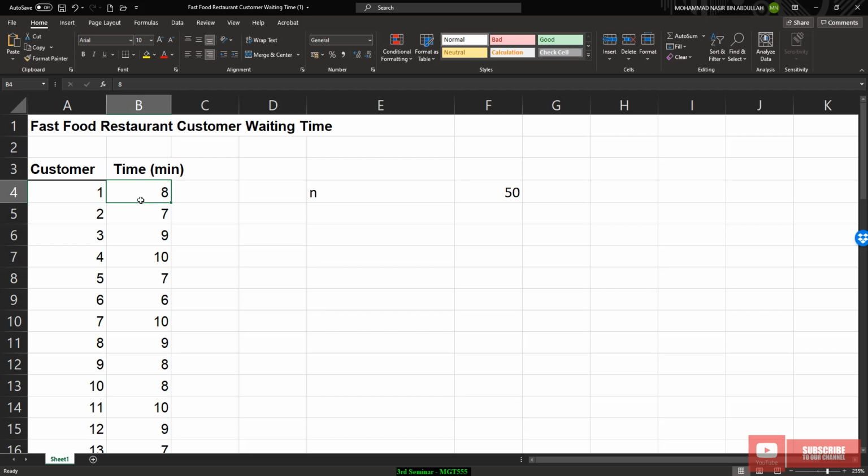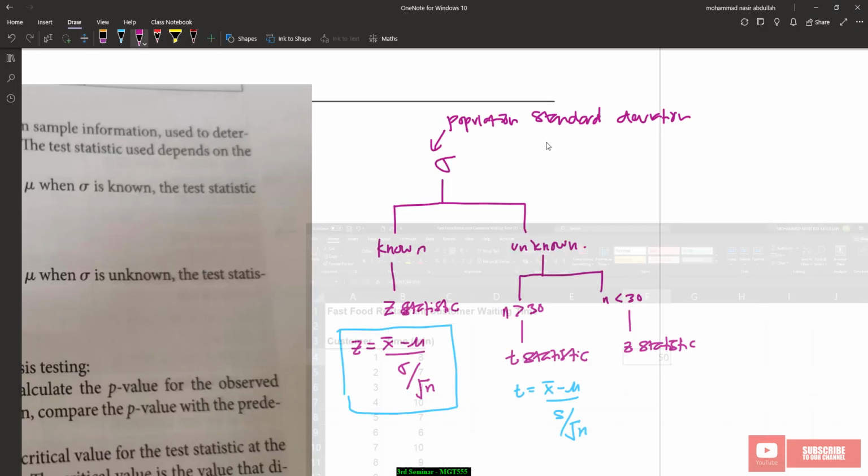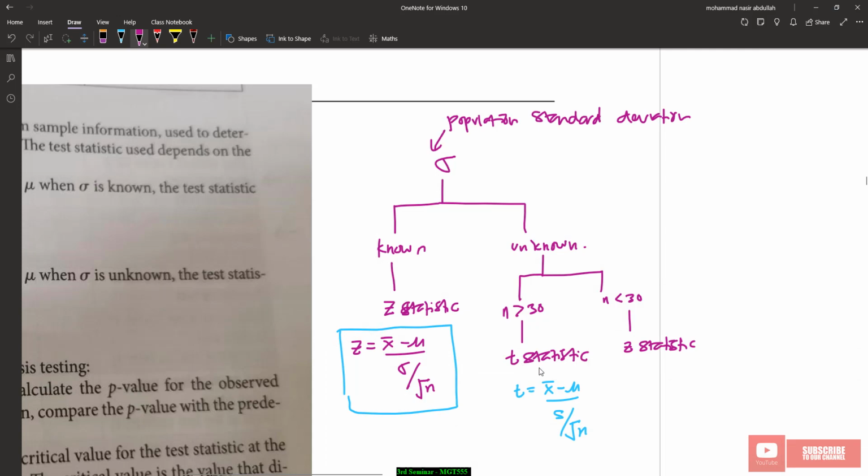Customer number 1 waited 8 minutes, customer number 2 waited 7 minutes, customer number 3 waited 9 minutes. So overall we have 50 data. Once we have 50 data, more than 30, we are going to use the t-statistic.